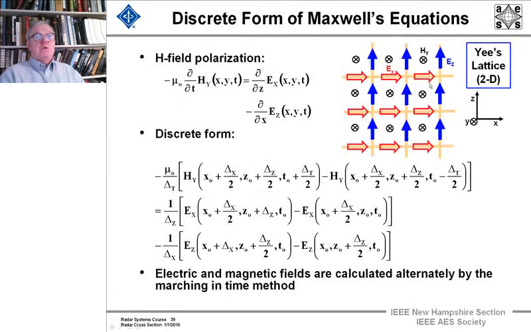And we're going to use the Yee lattice. There's a classic paper referenced in both the handbook and in Knott's book, Yee's paper, if you'd like to look it up, where Yee broke down space into a lattice along the x and the z direction, and since we're dealing with two dimensions, the y direction would be going into the paper, into the view graph.